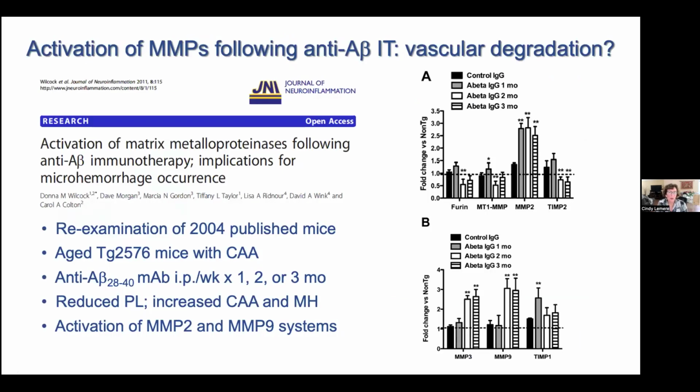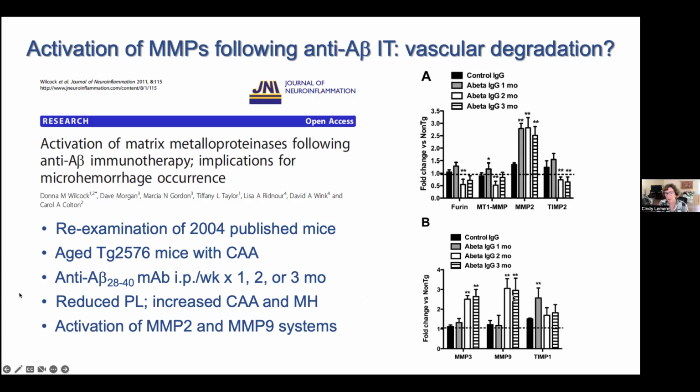So next, Donna Wilcock went back to the mice that she published in 2004. These are mice that were immunized with the A beta 40 specific antibody, and she looked at matrix metalloproteinases in these mice. She saw that very early on there was an elevation in MMP2, and that later on there was a reduction in TIMP2, which is an inhibitor of MMP2.